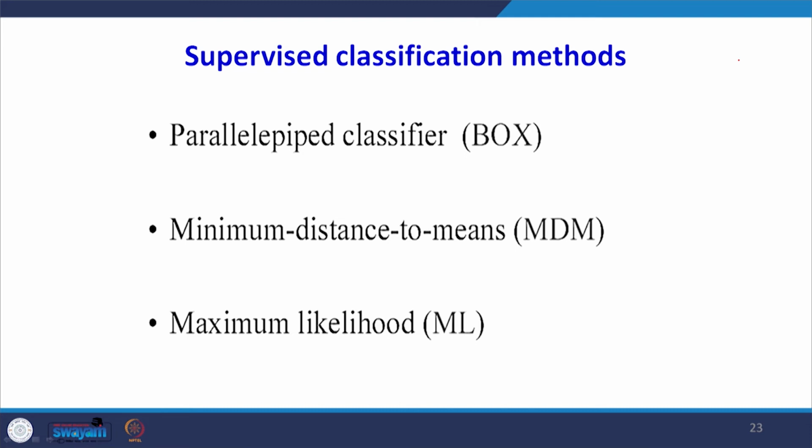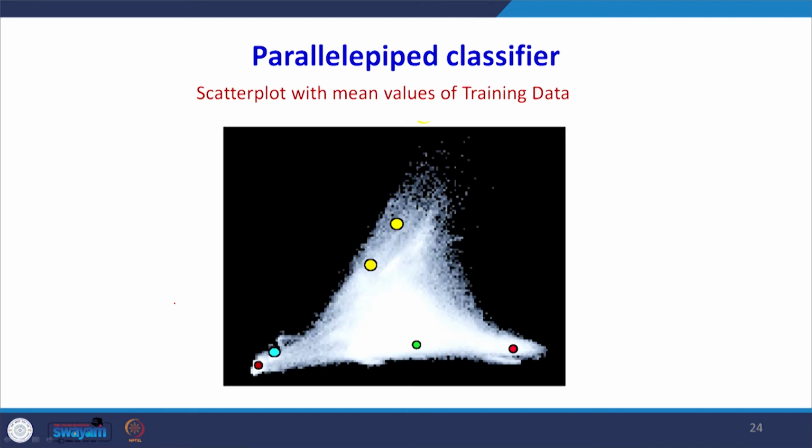Now there are various classification methods available in the literature: the parallelepiped box classifier, minimum distance to means, and the maximum likelihood classifier. These are the three popular supervised classification methods used to classify the data into different classes.